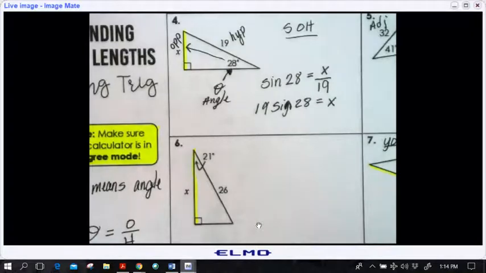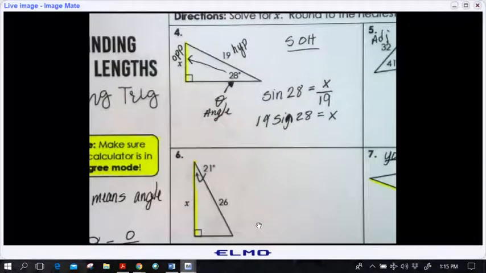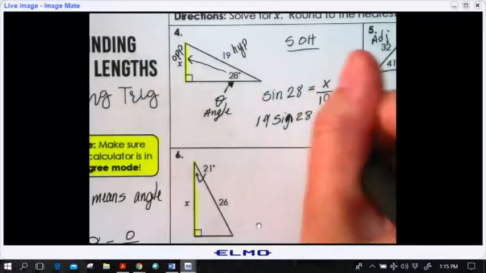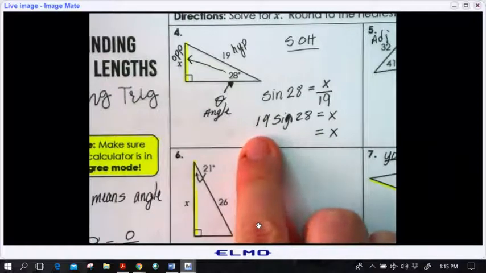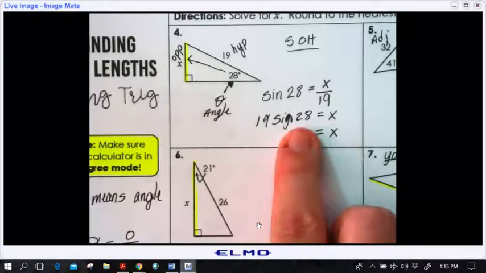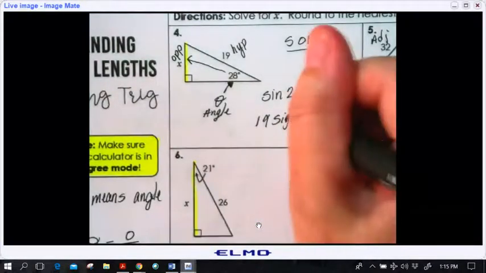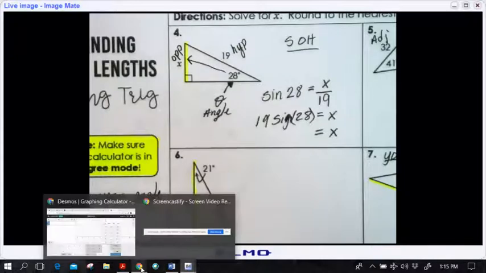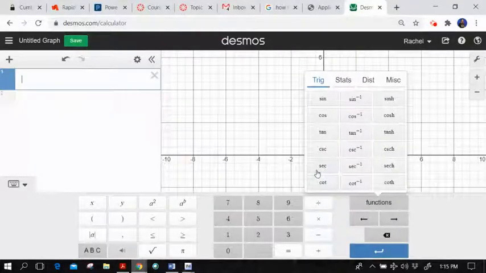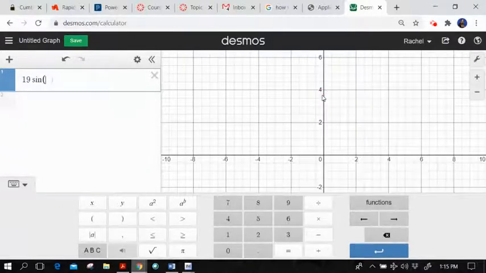And so what we do to actually simplify this and find the value of x is we come on over here to our Desmos calculator, and we are going to literally type 19 sine 28. When we type it, we're going to put parentheses around the angle. So let's go do that. So I'm going to type 19 sine.